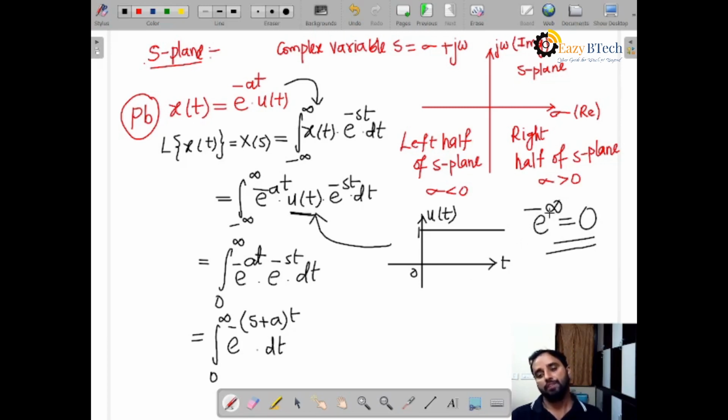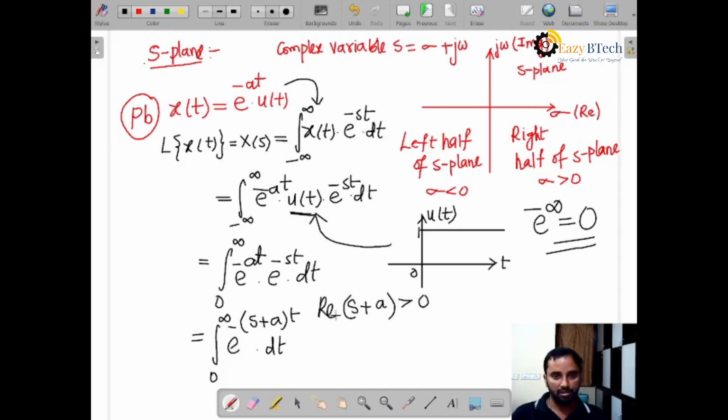Here the upper limit is plus infinity and the lower limit is 0. There is no problem with the lower limit, because e to the power 0 is 1. The upper limit is infinity, and already in the power we have minus. So s plus a should be positive, right? S plus a should be positive.